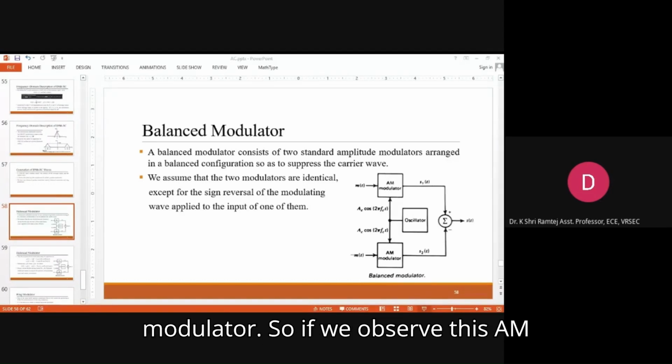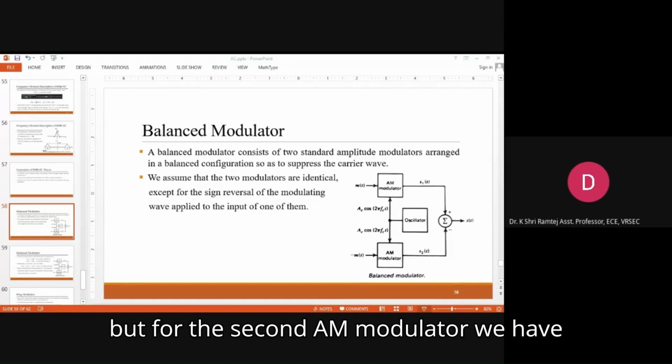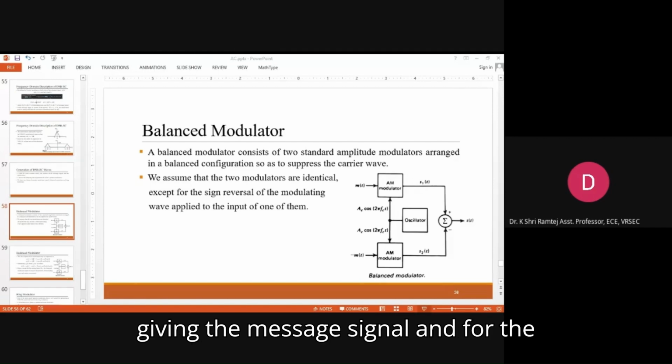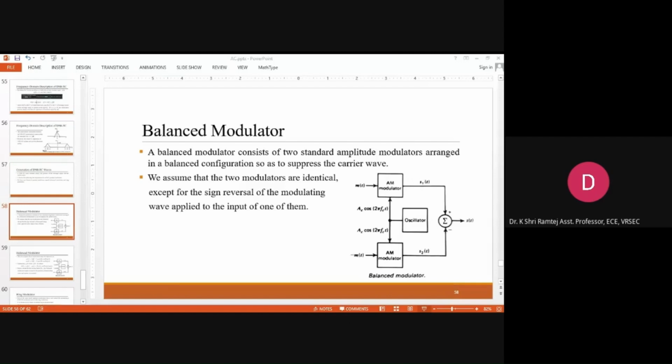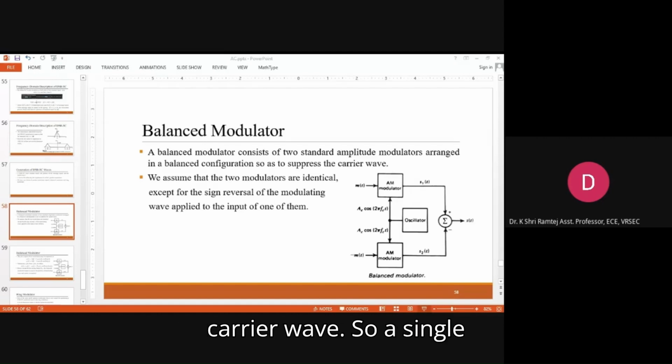If we observe AM modulator one, the input is m of t, but for the second AM modulator we have the input as minus m of t. For one modulator we are directly giving the message signal, and for the other we are giving minus m of t. We have an oscillator which generates the carrier wave.